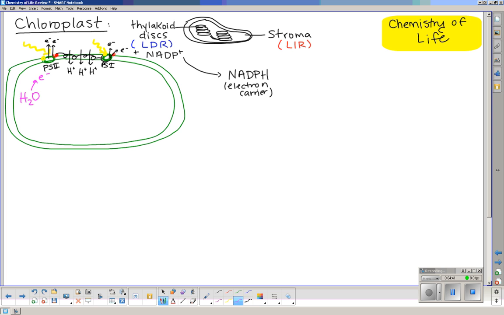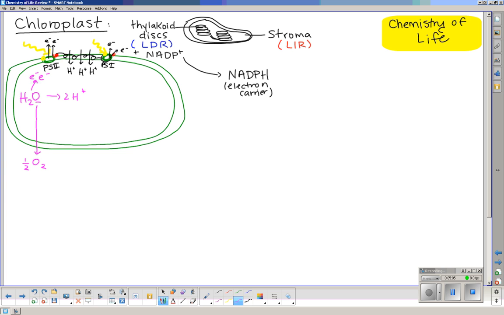These electrons and hydrogen come from water, and this is also where waste oxygen comes from. Because there's only one oxygen per H2O molecule, that's why we write 1/2 of an O2 molecule. Eventually it'll hook up with another free oxygen.